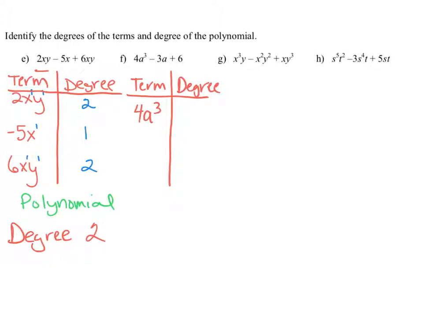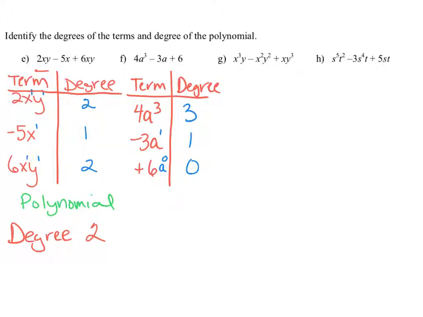The degree is the largest exponent, so the degree of the first term is 3. The second term is minus 3a, and that has a degree of 1. And then the last term is plus 6, or just 6, and that has a degree of 0. We can consider that 0 because 6 by itself can be thought of as 6 times a to the 0, where a to the 0 is equal to 1.